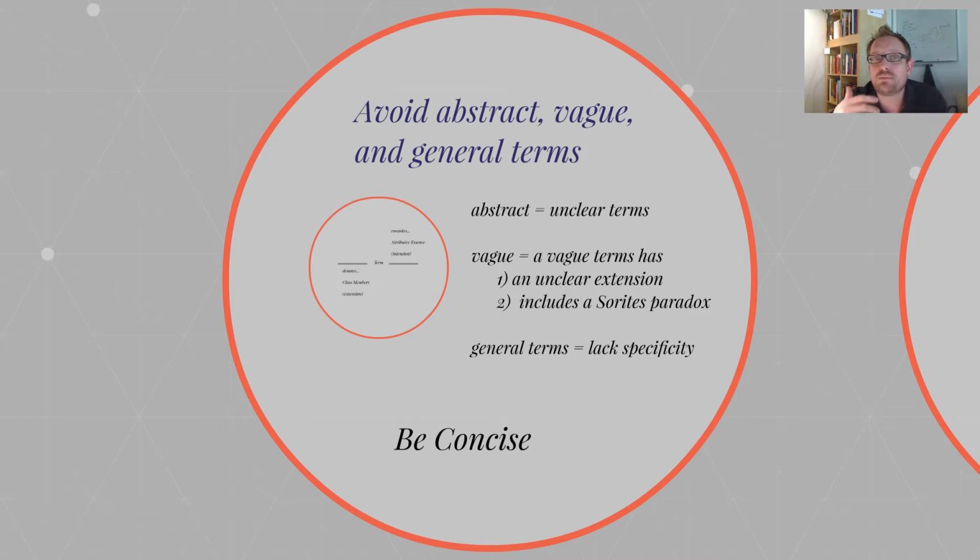Now, what does that mean in the negative sense? Well, it means, A, we need to avoid abstract, vague, and general terms, okay? So an abstract term is a term that's ultimately unclear. Now, remember, what does it mean to abstract something from something else? For instance, here I have a mug, right?